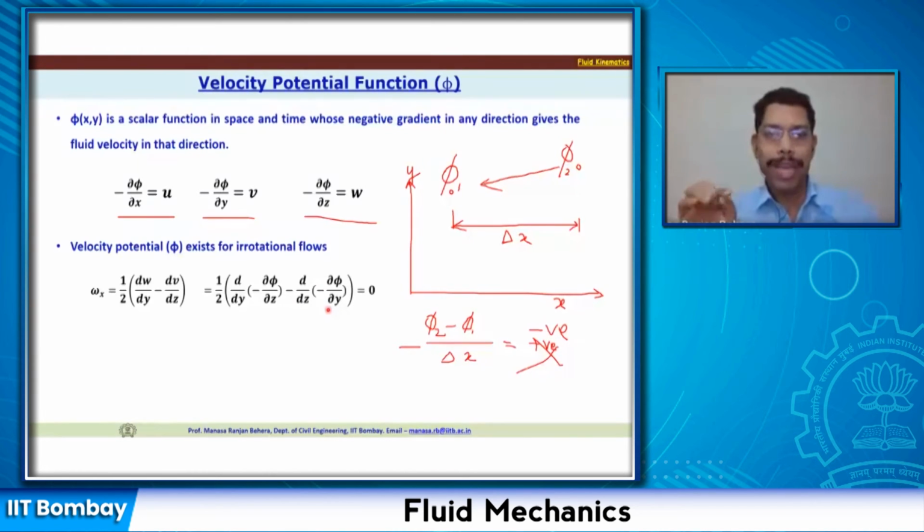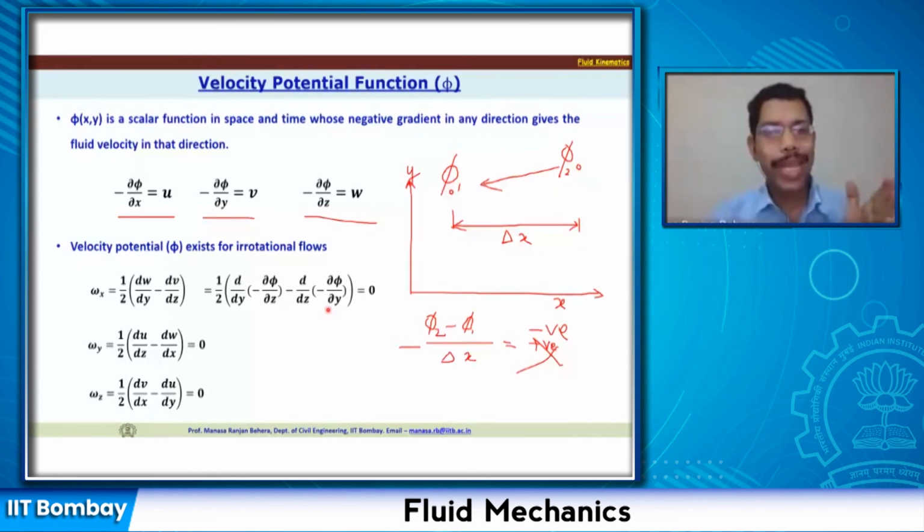So by substituting the values of u, v and w, you should be able to evaluate the rotations, and if wx, wy and wz all are equal to 0, then you can say that the phi function satisfies the irrotationality and it is going to exist, or it is correct. Okay, so phi function has to satisfy the irrotational condition, and phi function will exist only for irrotational flows.